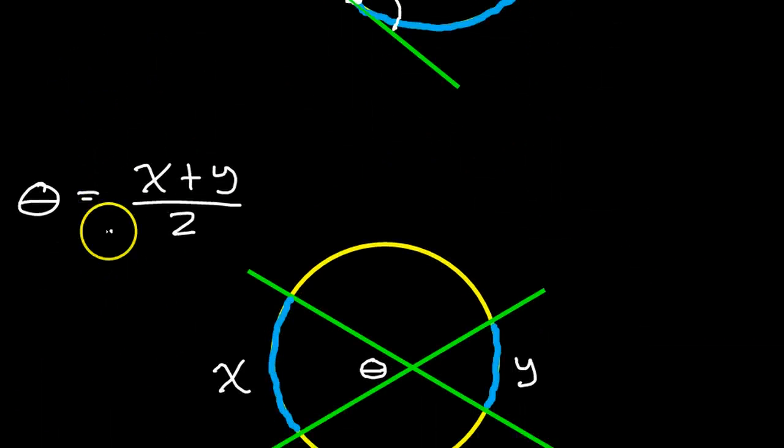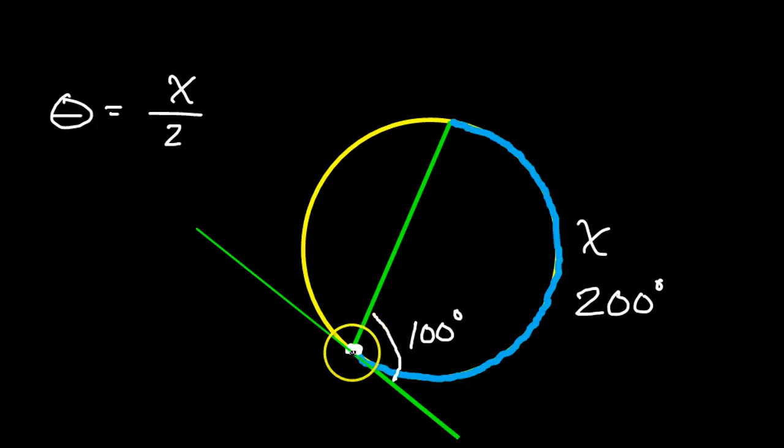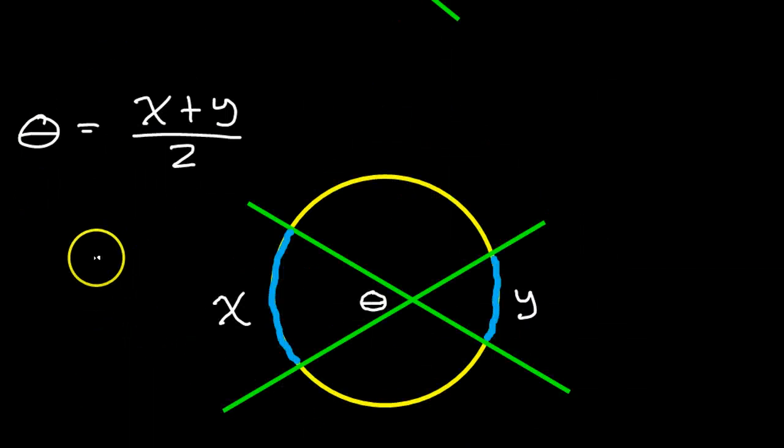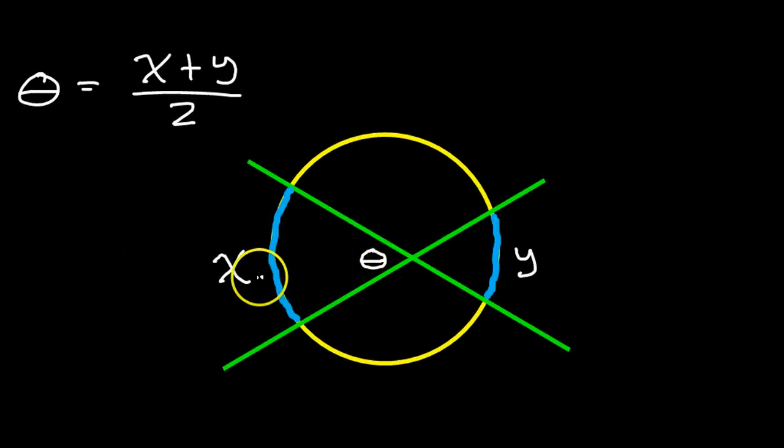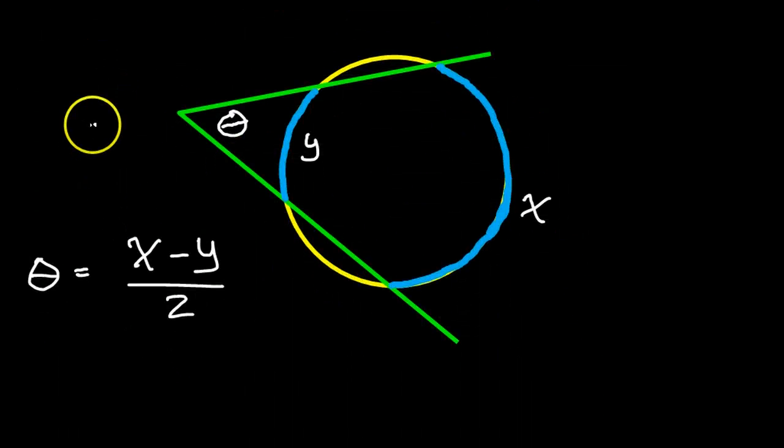So really we have three relationships. If the angle is on the circle, the angle is half the arc. If the angle is inside the circle, the angle is arc plus arc divided by 2. And if the angle is outside of the circle, the angle is arc minus arc divided by 2. So you just need to memorize those three situations.